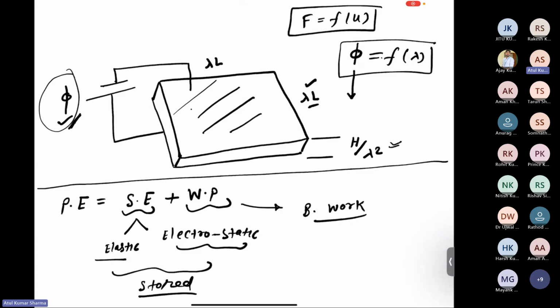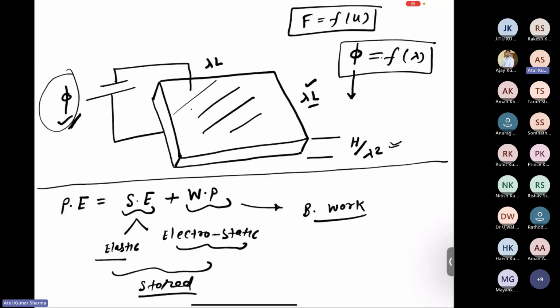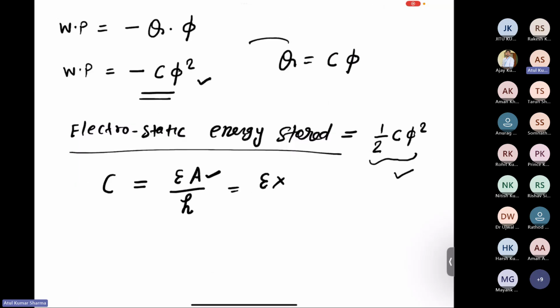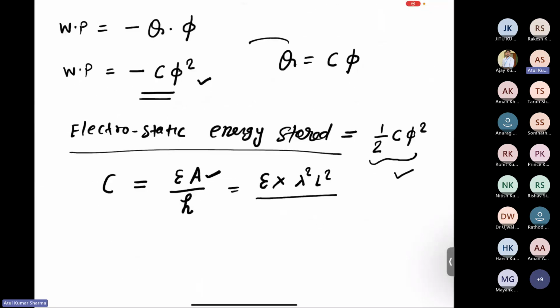So now, epsilon times the area. What is your surface area? It will be lambda L times lambda L, so that is lambda square L square. What is your H? That is your thickness, capital H upon lambda square.